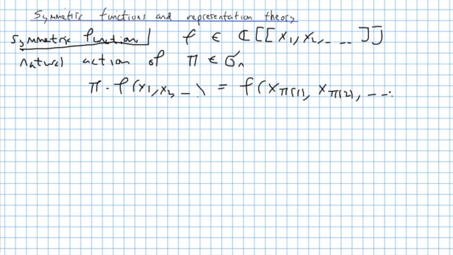And here the permutation has only size n, so any indeterminate beyond that just stays the same. Okay, so that's how it acts.